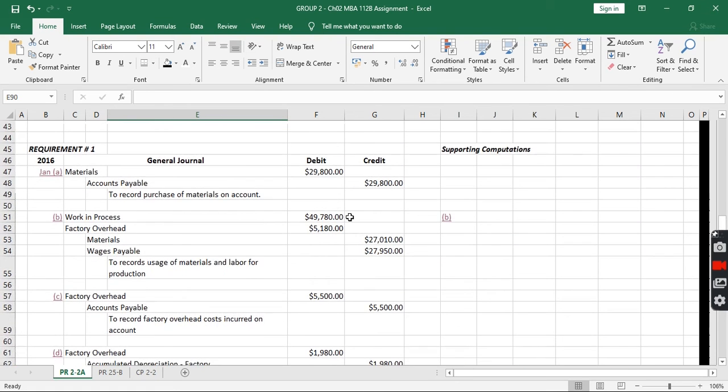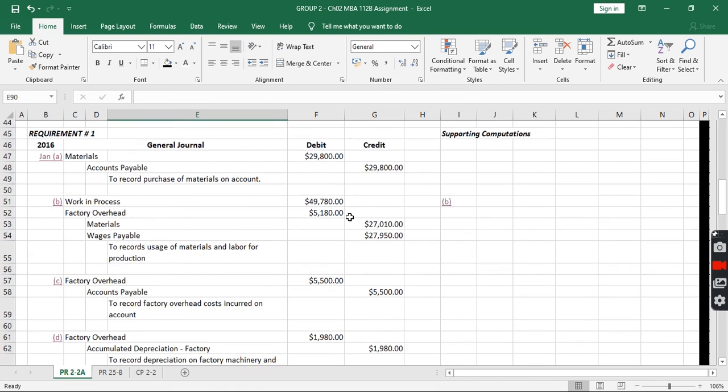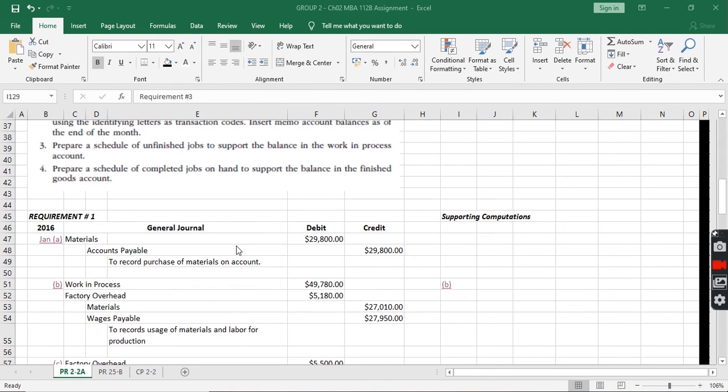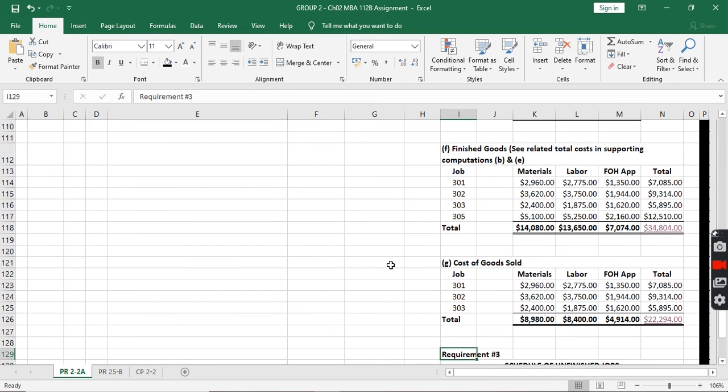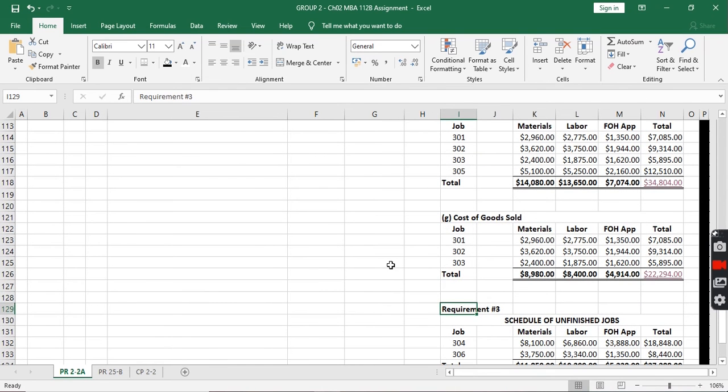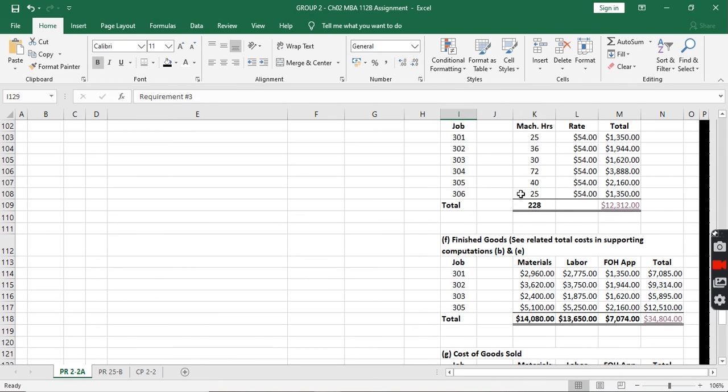Now, in our requirements number 3 and 4, we are tasked to prepare a schedule for unfinished jobs, which is our work in process, and completed jobs on hand, which is our ending finished goods account. So it could be corroborated. Let's see our calculations here. As you can see, for our unfinished jobs, if you can remember, only jobs 301, 302, 303, and 305 were finished, which means that jobs 304 and 306 are unfinished.